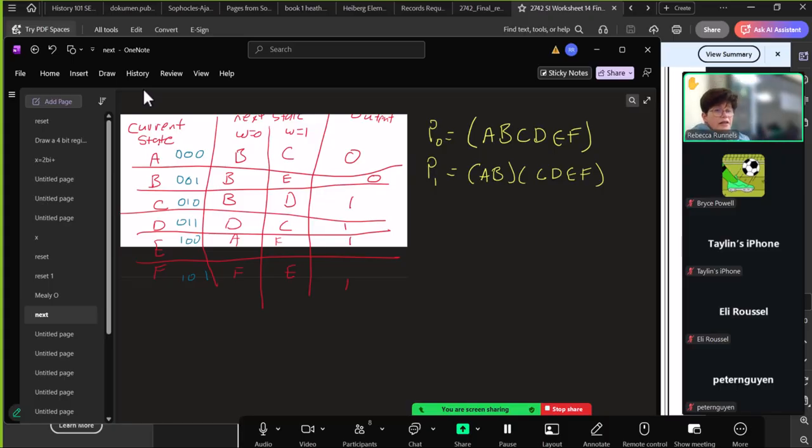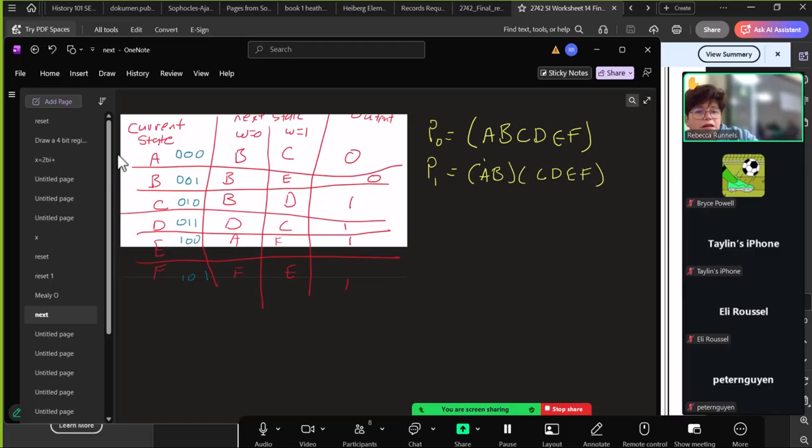Okay, now the next things that we're going to do is we're going to look at the output when it's 0 and the output when it's 1. And if we have any changes in those, we're going to repeat the process. So we repeat the 0, 1 process until we have no more changes. And so the 0 process, I look and I see, where does A go if W equals 0?